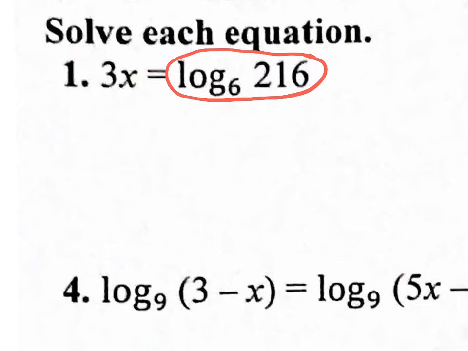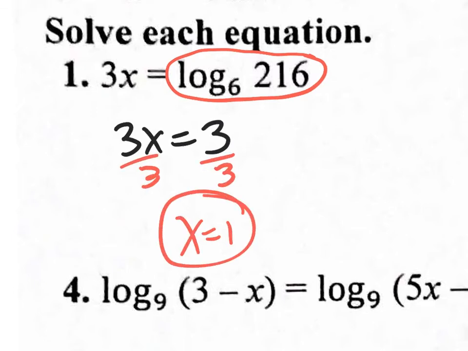In other words, 6 to what power gives me 216? 3. 6 times 6 is 36, times 6 does end up being 216. You could check that on a calculator. So you have 3x equals 3. Divide by 3, divide by 3. x equals 1. Easy peasy.